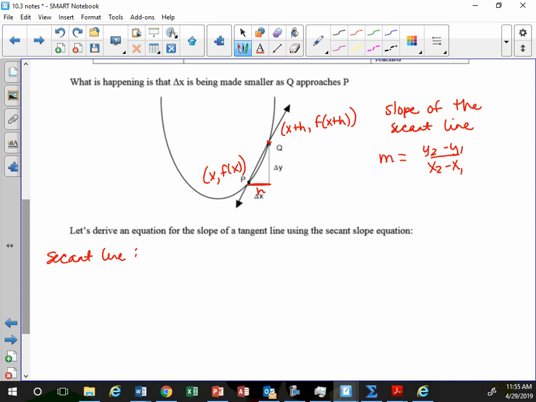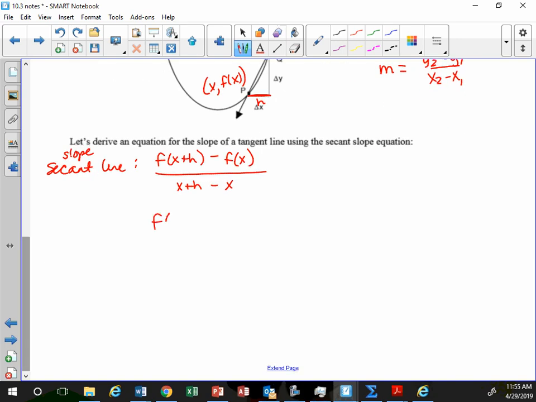What is y2? f of x plus h minus f of x over x2 minus x1, which is x plus h minus x, yes. So the slope of that secant line is going to be f of x plus h minus f of x all over just h, right?